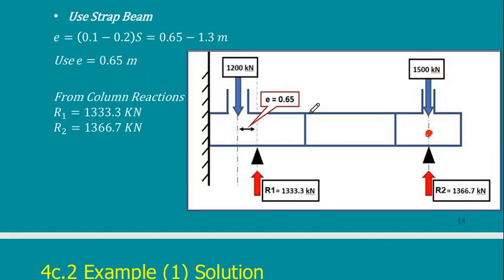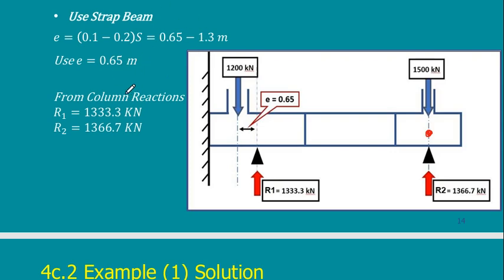To reduce the amount of calculations, this is E, the eccentricity. What is this eccentricity? It's a value. By practice, they tell me to take it 0.1 to 0.2 S, where S is the spacing between columns. If I have the spacing between columns, say 6.5 meters, then if I take it 65 centimeters, most probably it will be okay.